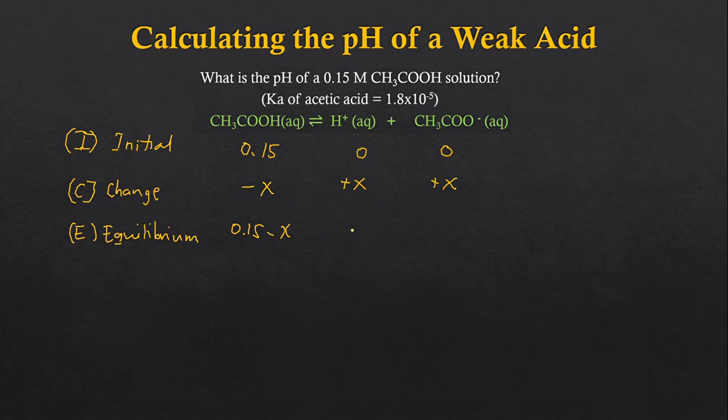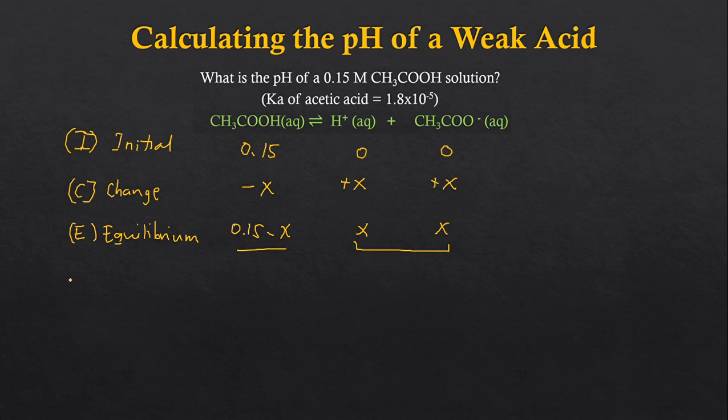Tapos, yung products naman natin, we will have x and another x. If we are going to write the equilibrium expression for this, okay, ito yung products natin, ito naman yung reactant natin. So, ang Ka natin ay 1.8 times 10 to the negative 5.